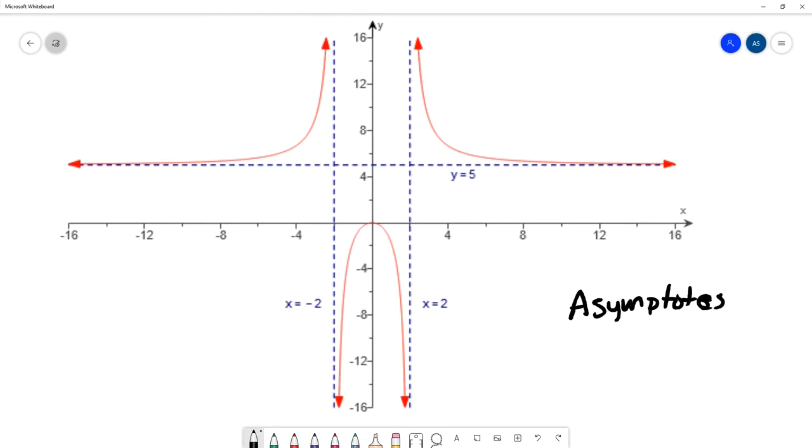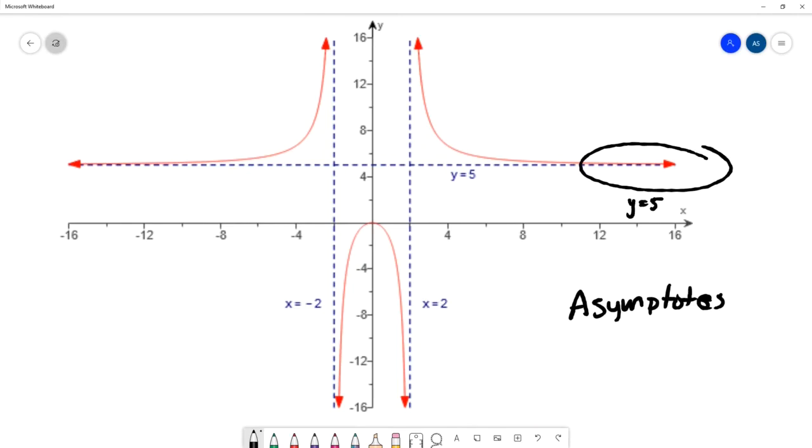And what you need to know about these asymptotes is that they're almost like fences trapping the graph. So if we look at just one of these, let's look right here. You see the dashed line is y equals 5, and then you have your red line, which is the graph. The red line is getting closer to the dashed line of y equals 5.